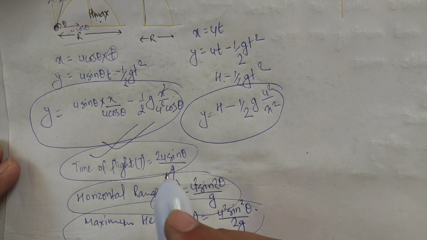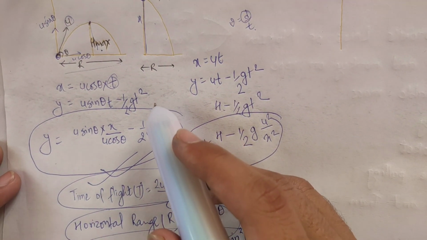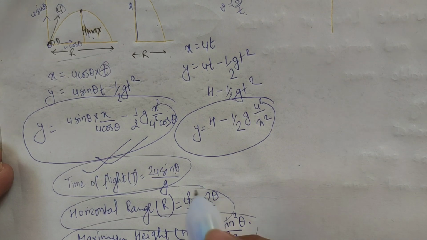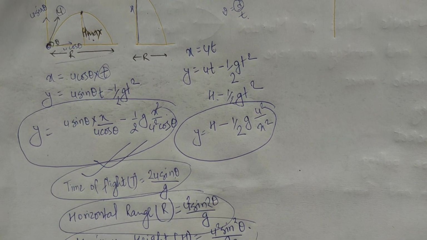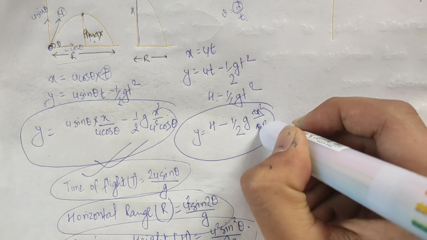And then just put 90 degrees here. So here we don't have theta. I made a mistake.